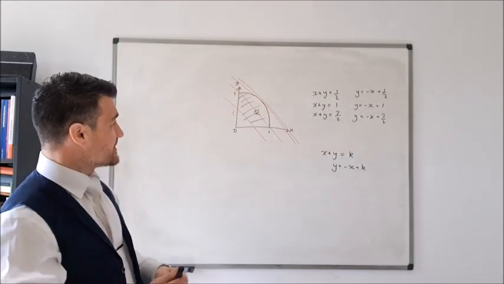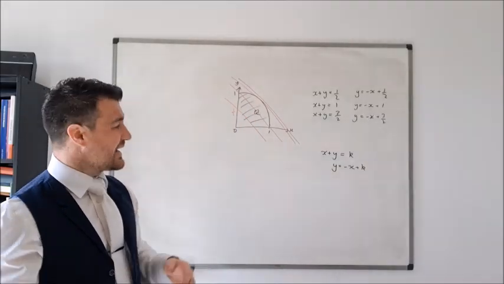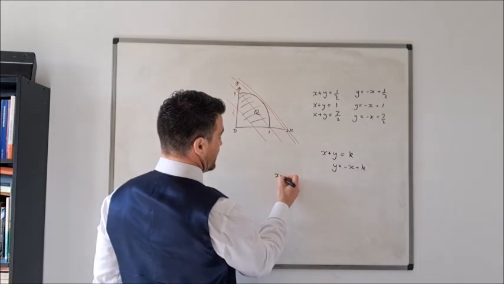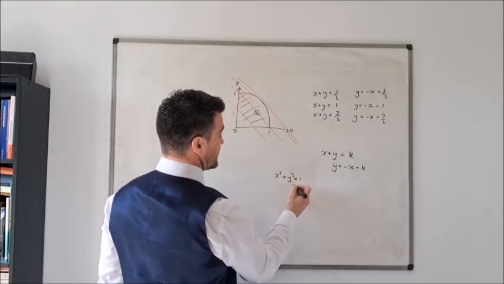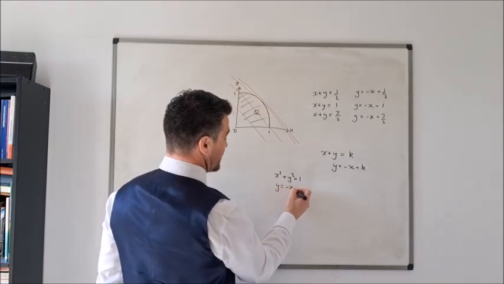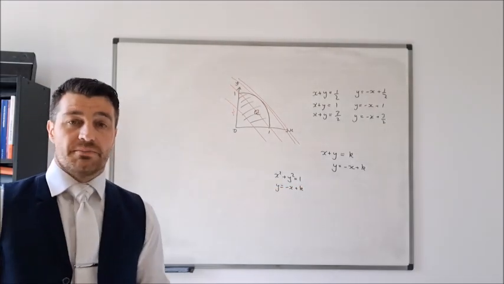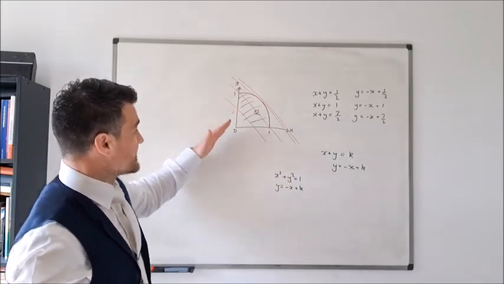Well, that's easy because we've got a symmetry in the problem. I could, if I really wanted to, solve the simultaneous equations x squared plus y squared equals 1 and y equals minus x plus k. Or I could be a little bit more subtle and realize that there's a symmetry.